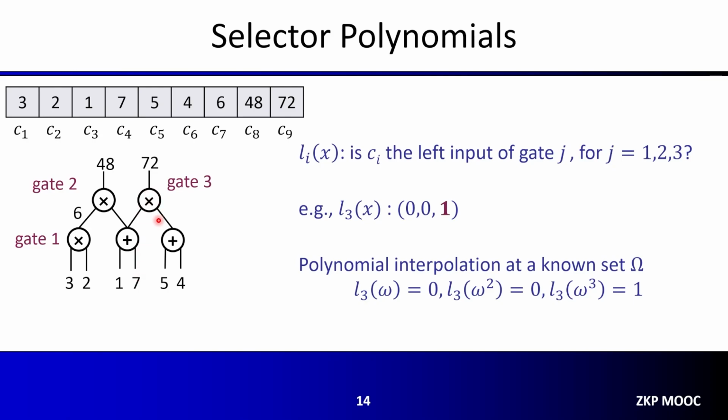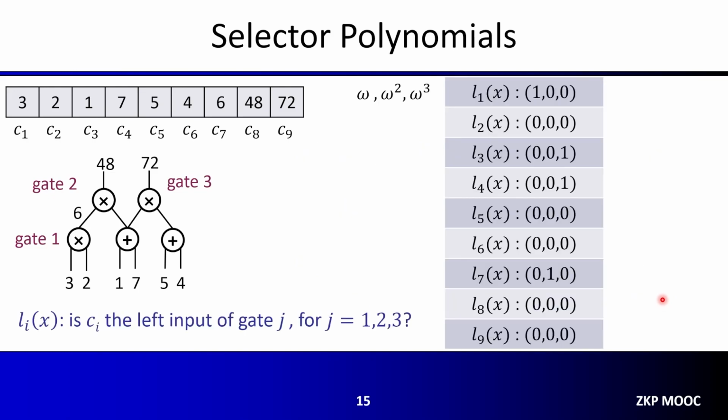Because of that, we count them as the left input of gate 3, and we put 1 here, denoting that C3 is the left input of gate 3. That's how we take care of wires related to addition gates. You're going to understand why we're doing this in the very next slide. Then we interpolate the polynomial using the evaluations of 0, 0, and 1. That's how we get L3x.